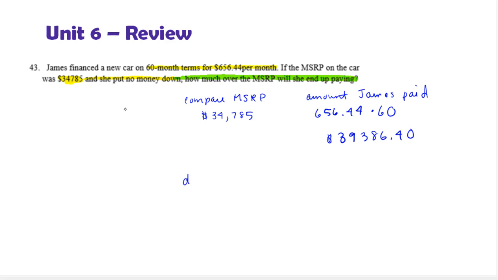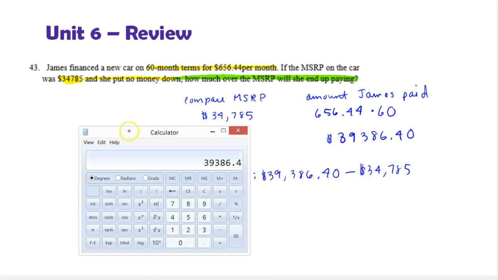So to find the difference, we want to take the amount he paid, $39,386.40, and subtract the MSRP price, $34,785. We have this almost ready in the calculator.